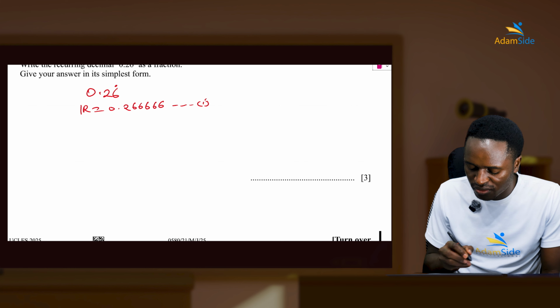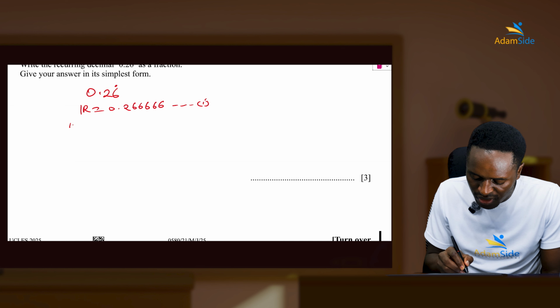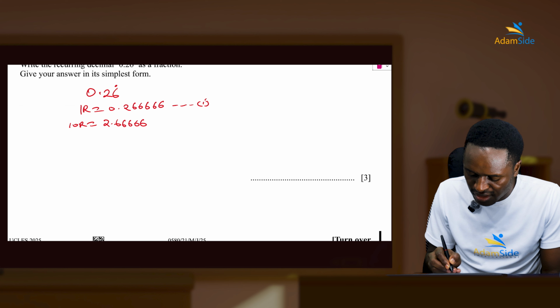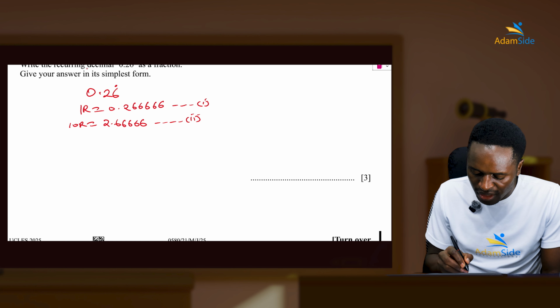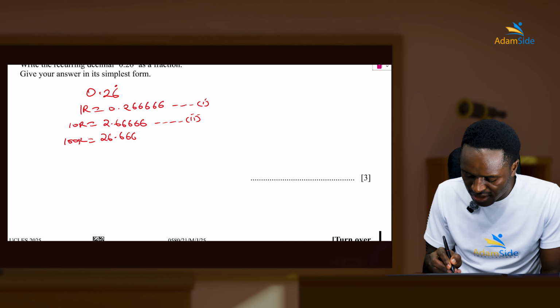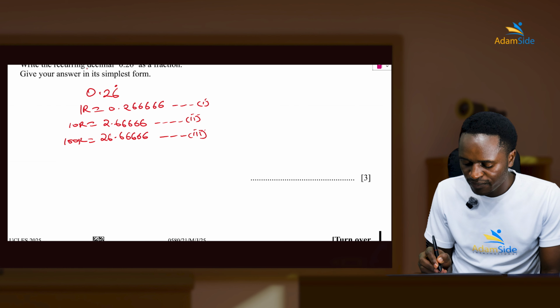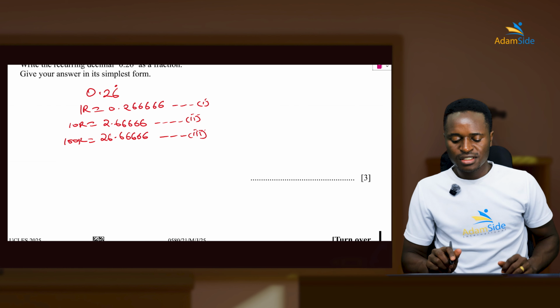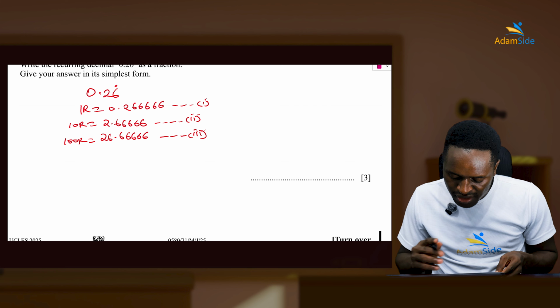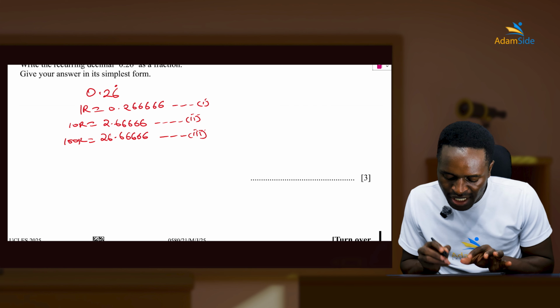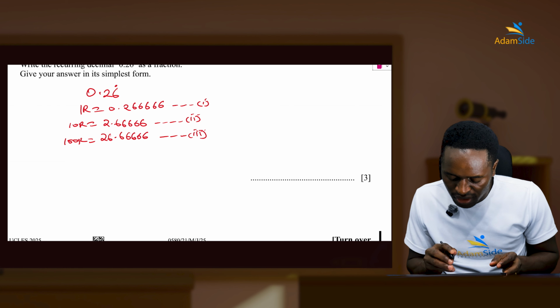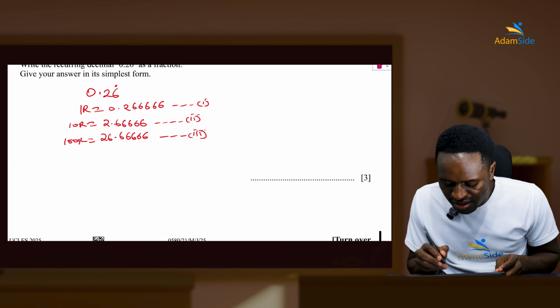So if you want to convert it, multiply by 10, you get 10r is equal to 2.66666 being repeated, Roman 2. Then multiply again by 10, you get 100r is equal to 26.66666 being repeated, Roman 3.